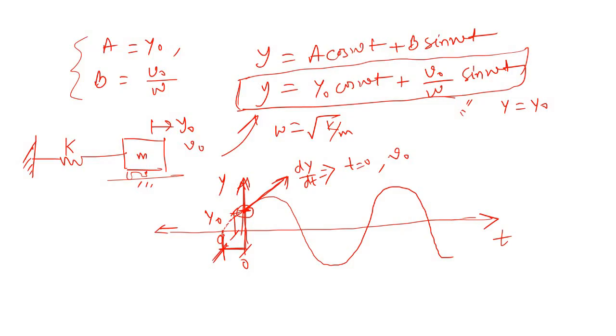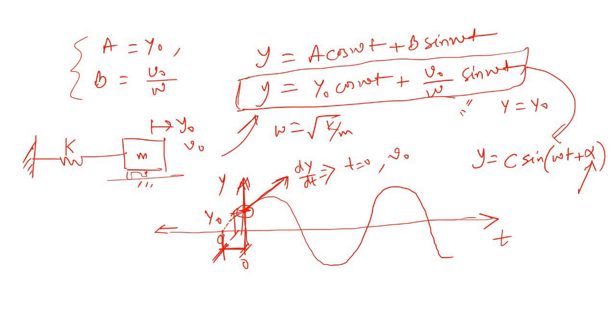To get this phase angle, what you have to do? You have to convert this equation into an equation like this one. Let's say simplify this equation, that is y is equal to c times sine omega t plus alpha, and this alpha is the phase angle.